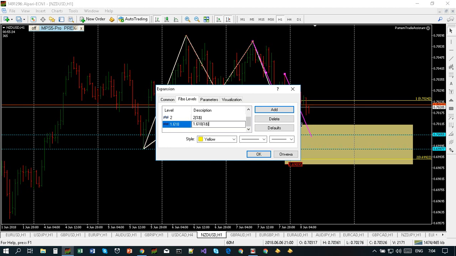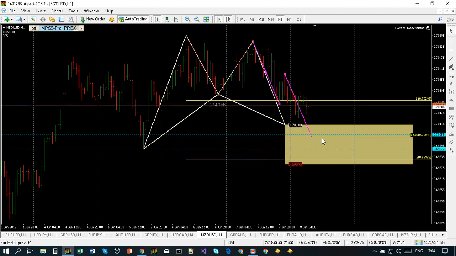Okay, this and this. Right in the zone, right in that ABCD completion, right in that support.